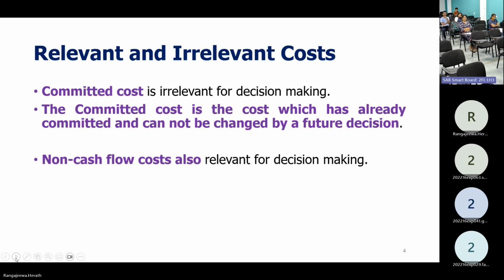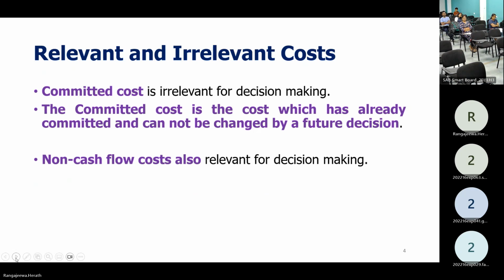Now you can't say no, we are going to sell this, so we need not have this store. You can use it for some other purpose, but anyway, this cost is committed. You can't change it. It's a committed cost, a cost already committed.